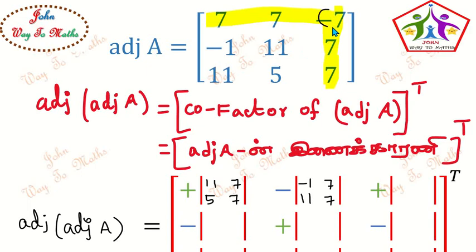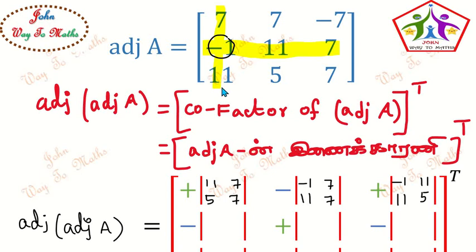For the first row last element, minus 7, after deleting its row and column, the remaining is minus 1, 11, 11, 5. In the second row, first element minus 1, the remaining is 7, minus 7, 5, 7.